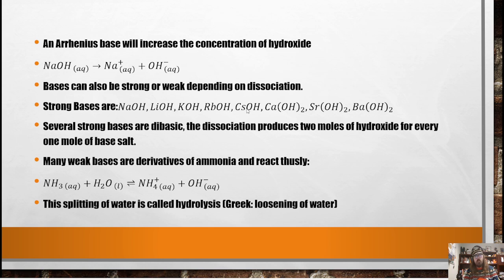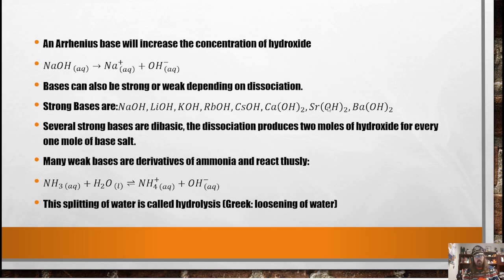So all of the group 1 metal hydroxides and 3 of the group 2 metals: calcium hydroxide, strontium hydroxide, and barium hydroxide. The reason the other 2 are not has to do with solubility. Magnesium and beryllium are not super soluble, and so they are not considered strong bases.